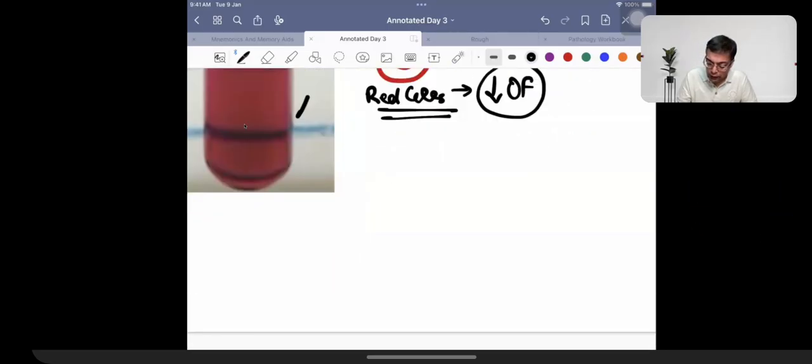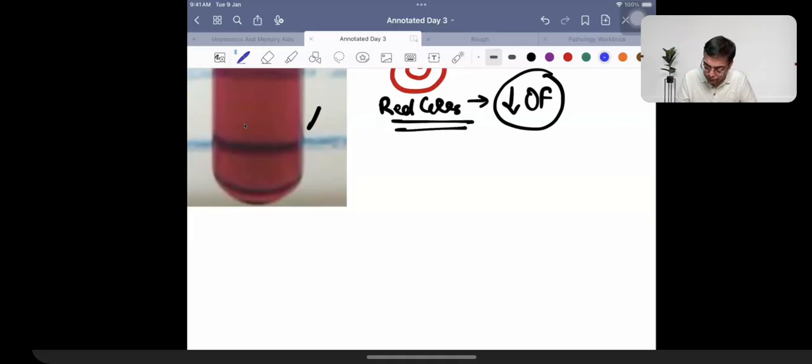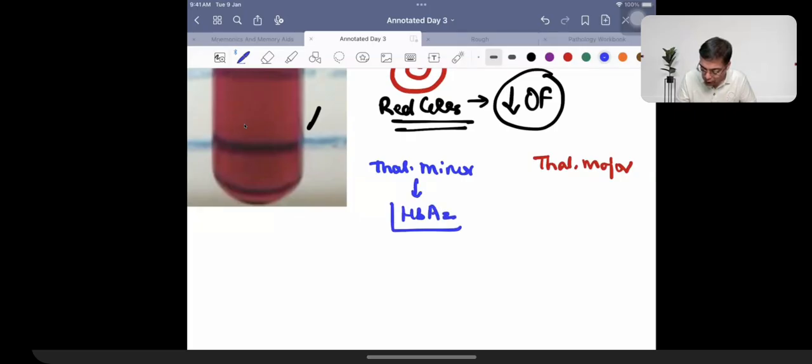Now, please remember this in case you are asked a question in the exam. Thalassemia minor, thalassemia major: which type of hemoglobin is useful for picking up these conditions? In thalassemia minor, we are looking at the concentration of HbA2.